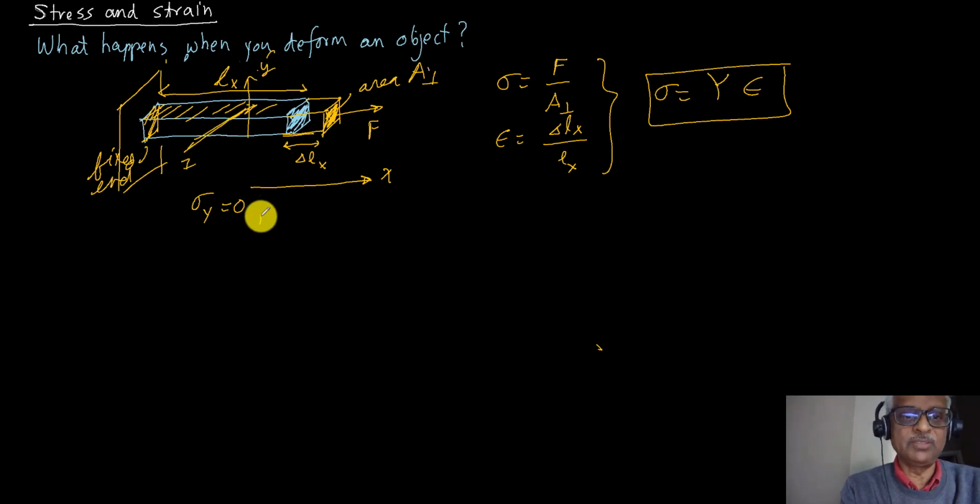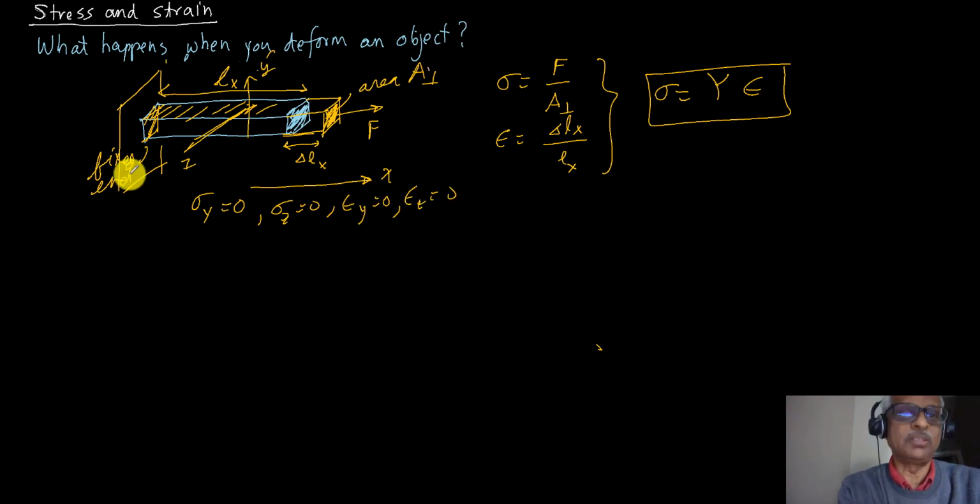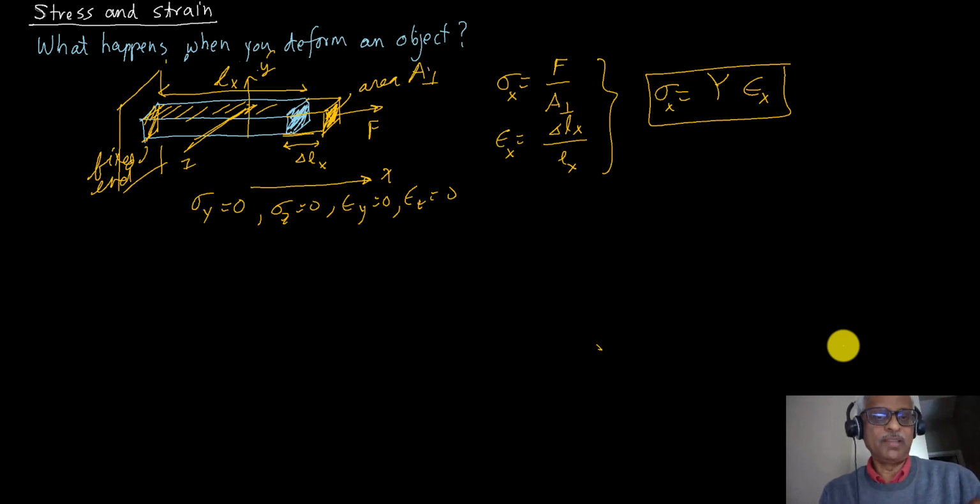Sigma along the Z direction is 0. Epsilon along the Y direction is 0. Epsilon along the Z direction is 0. So in here there's just the X direction: stress along the X direction, epsilon along the X direction. So you can think of sigma as having a direction on which it is acting. So you might say stress that's acting on this face.